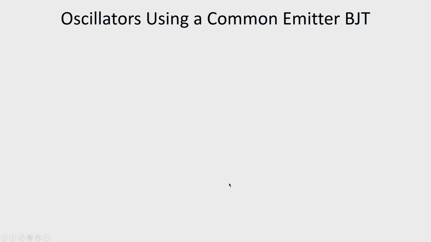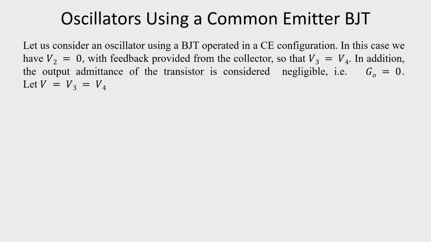So, let us now consider an oscillator circuit using a common emitter BJT. Now, in this oscillator using BJT, we will operate the BJT in CE configuration, and in this case we will have V2 equal to 0 with the feedback provided from the collector.